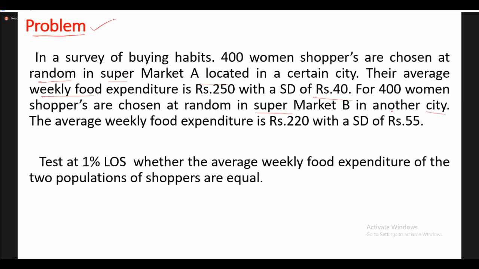See, that means two populations and two random samples. They are discussing about the two means. If you read that question carefully, you can understand. Is it one mean or two means?